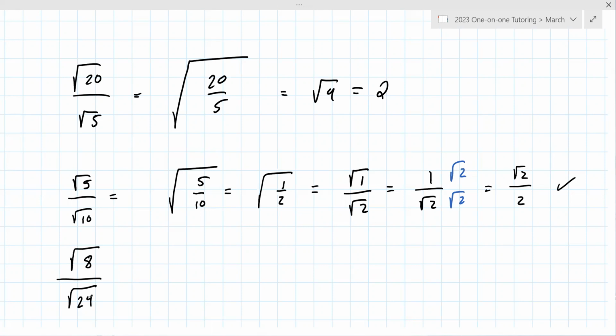I got a square root of 3 over 3. Yeah, you are correct. Very good. Okay. Excellent. All right. So we're doing a lot of problems today.